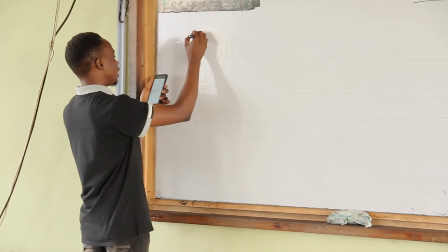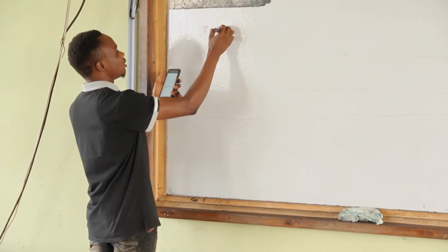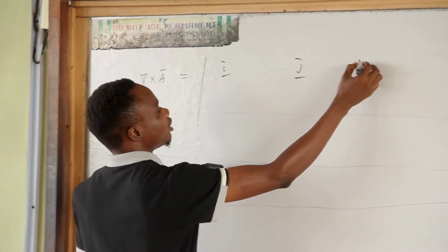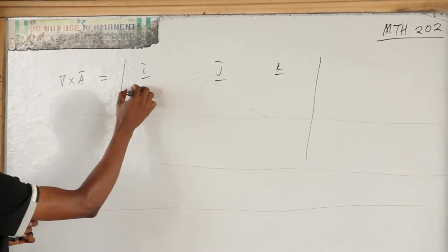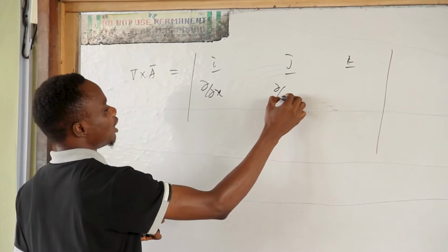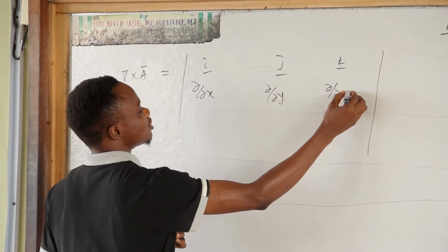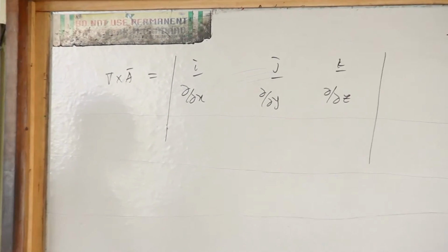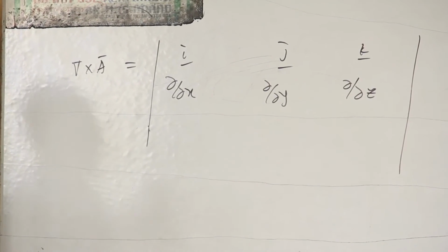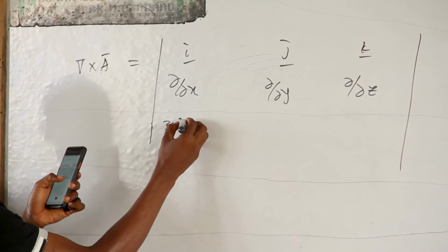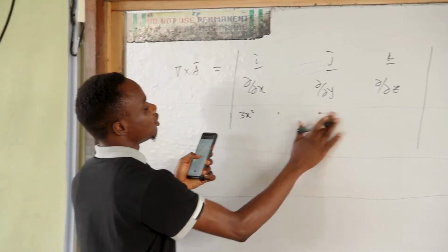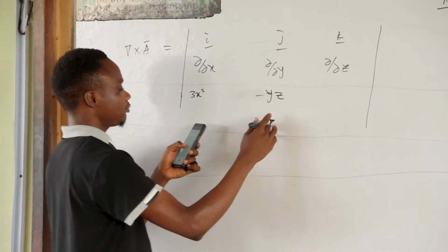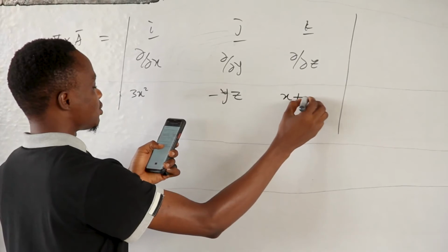It's faster. Nabla cross A is going to be the determinant with i, del x, del y, del z. So listen very well. This is going to be x squared minus y, minus yz, x plus z.